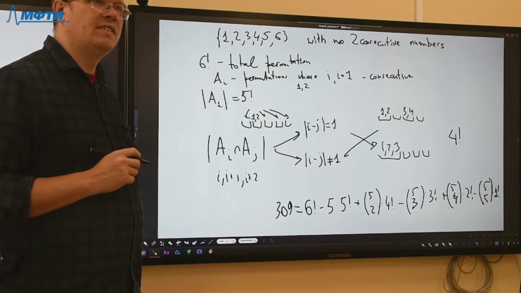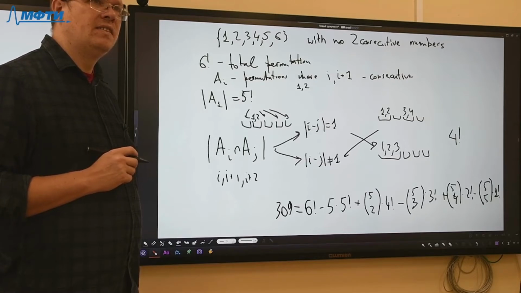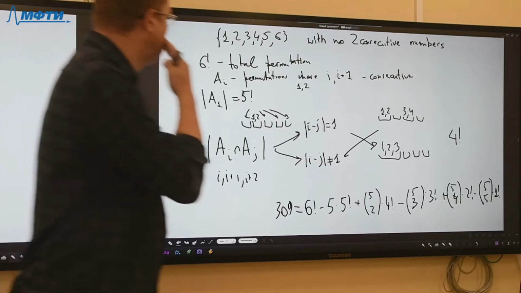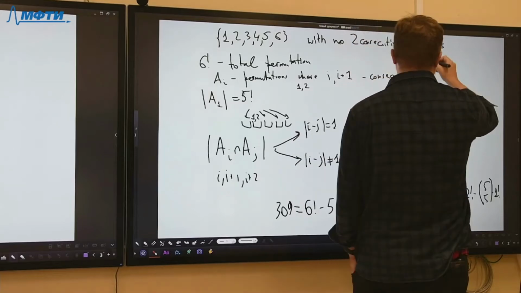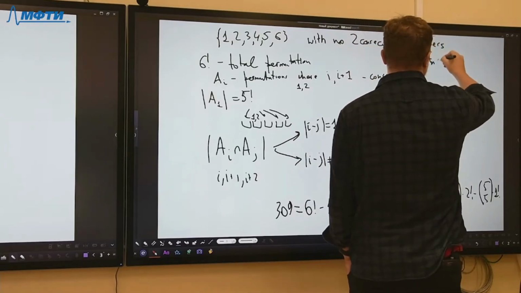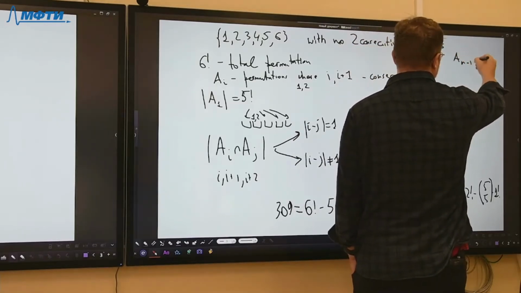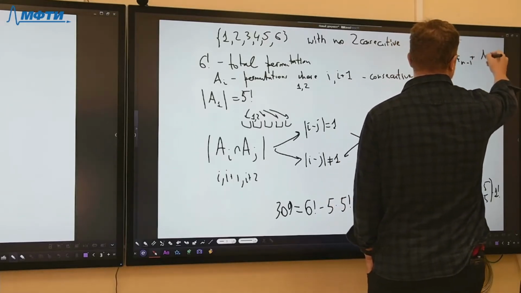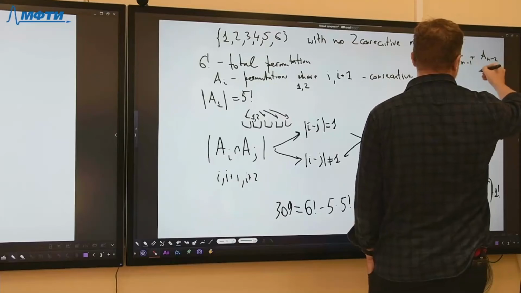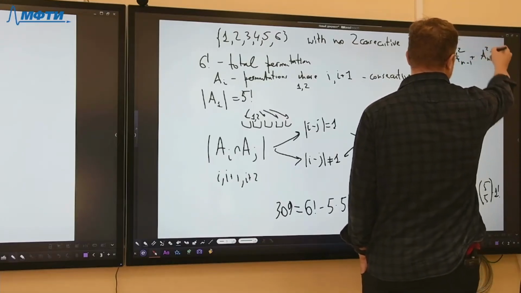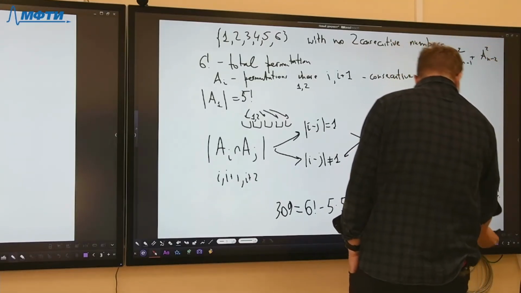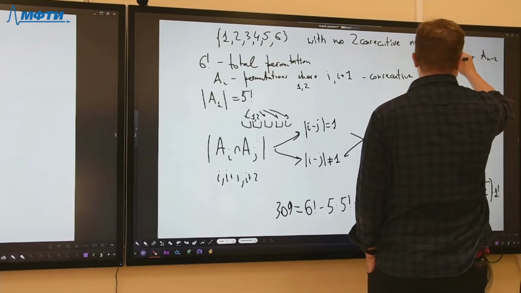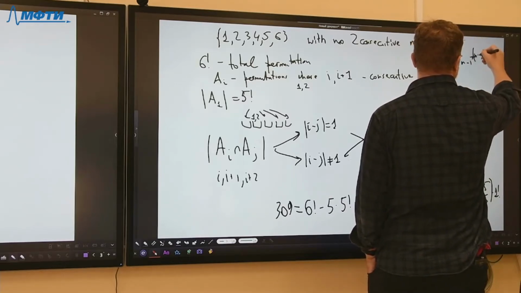Yes. It would be a_n equal to (n minus 1) times a_(n minus 1) plus (n minus 2) times a_(n minus 2). This? No, sorry. This? Yes. Something like this?